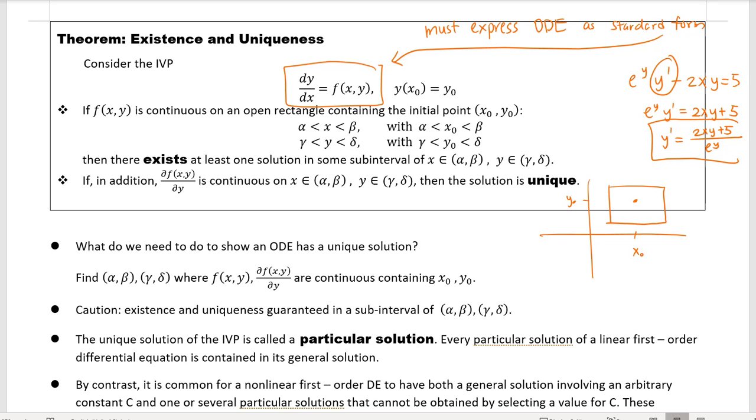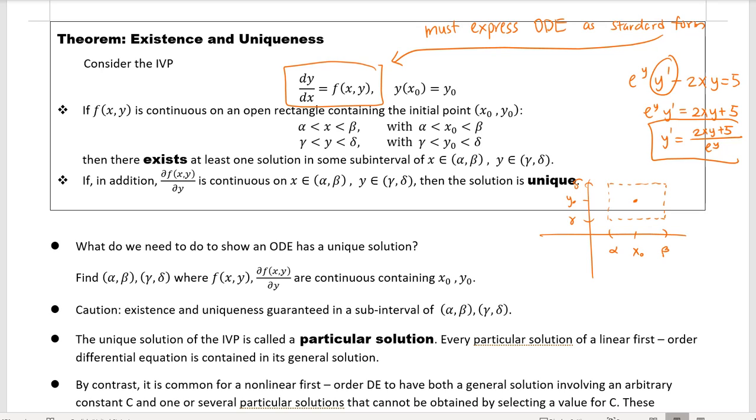And then we have a rectangle there, and x0 is between alpha and beta, y0 is between gamma and delta. Okay, this is a rectangle. And, oh, it's an open rectangle. Maybe I should use a dashed line to indicate we don't want to include the boundary. It is an open rectangle.